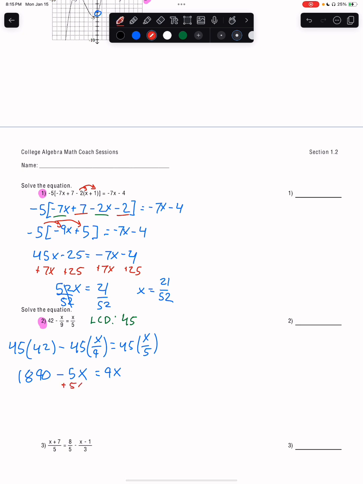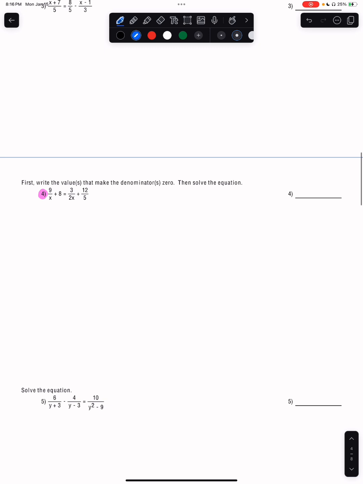We'll add a 5x to move it to the other side. Now we just divide by 14 to get our answer. And you can just use your calculator to see this will be 135. That's how you solve the equation with the LCD method.